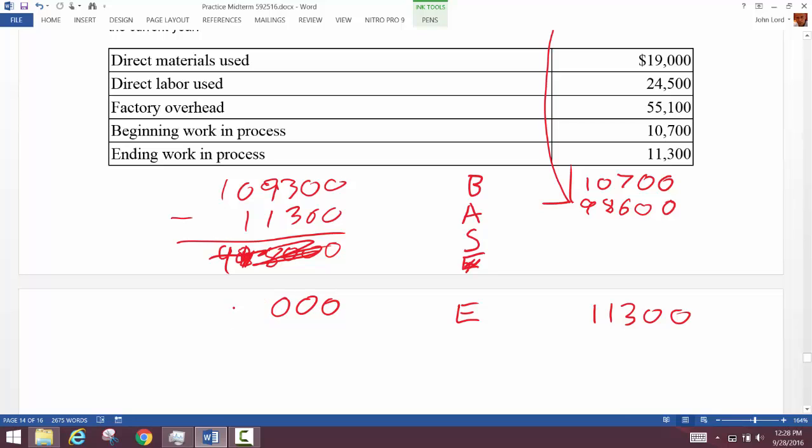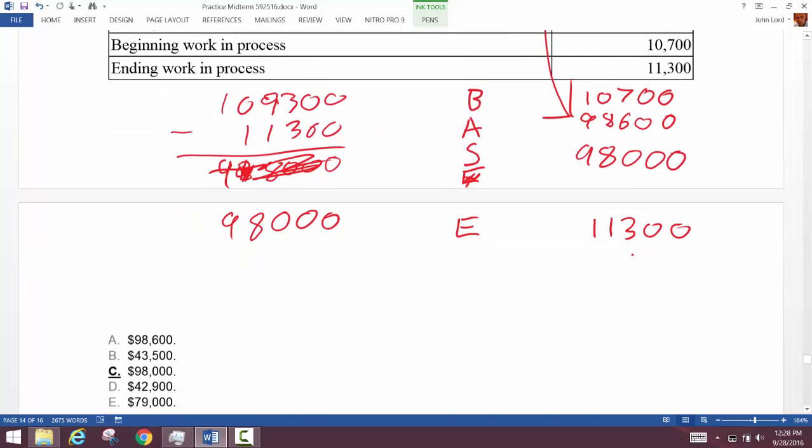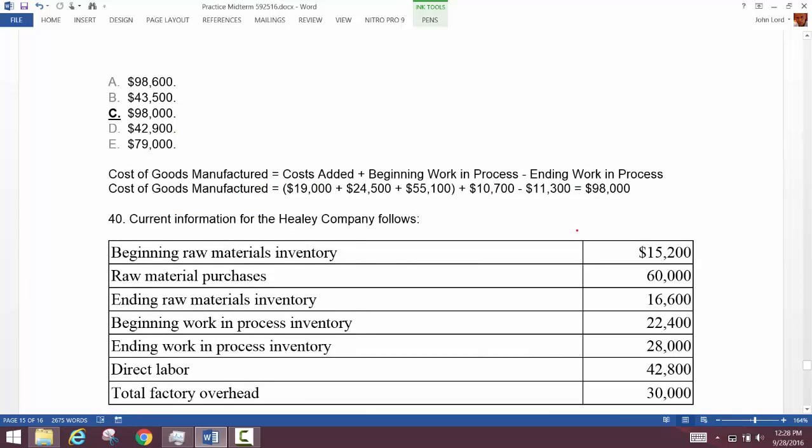So go ahead and plug that in so we can just see it all there in its full glory again on the BASE mnemonic, 98,000. Okay, good. Is that the answer? Yeah. Scroll down so you can see it. There you go. Beautiful. Go ahead and bubble that in to give yourself the positive feeling.